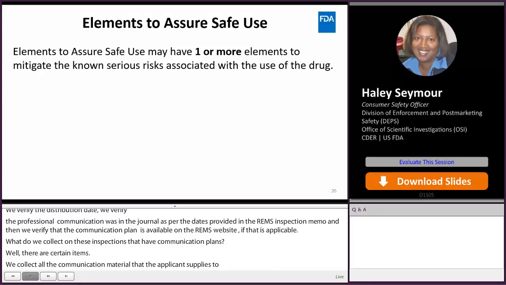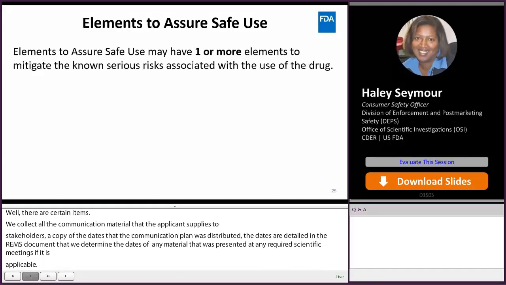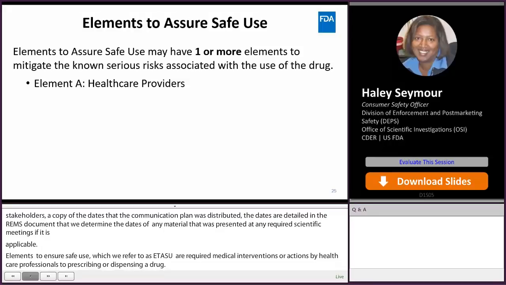Elements to assure safe use, which we refer to as ETASUs, are required medical interventions or actions by a healthcare professional prescribing or dispensing a drug. ETASU requirements are the most extensive elements of the REMS program.